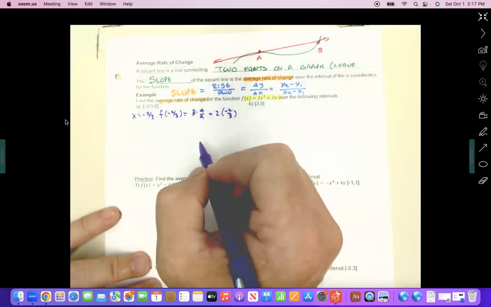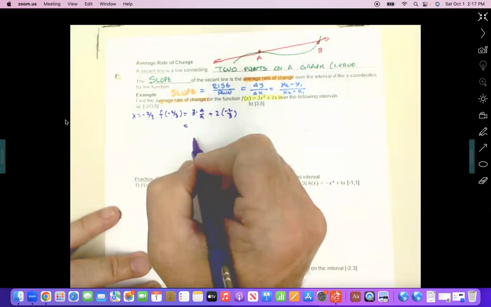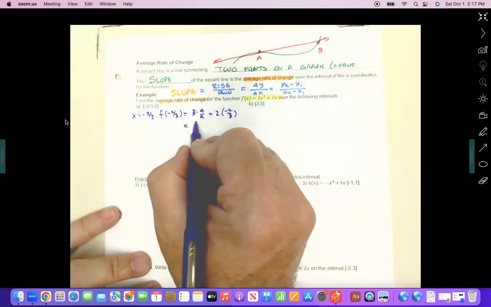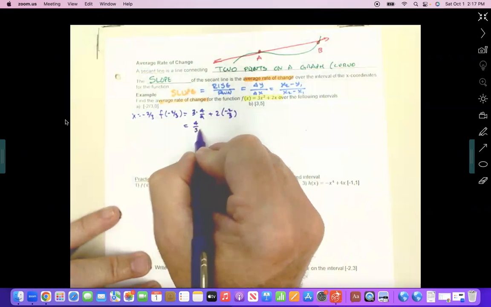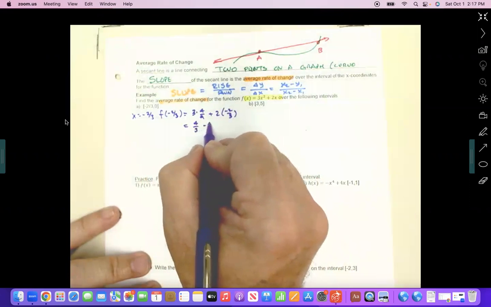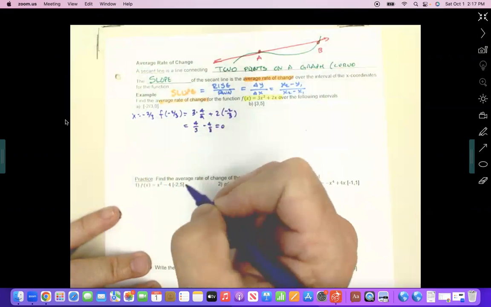We can do some division first so we don't have to simplify later. That's going to give us 4/3, and then this is minus 4/3, which actually gives us 0.